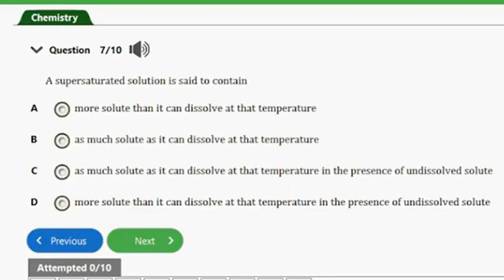So guys, option A is the correct answer to this question. A supersaturated solution is said to contain more solute than it can dissolve at that temperature.